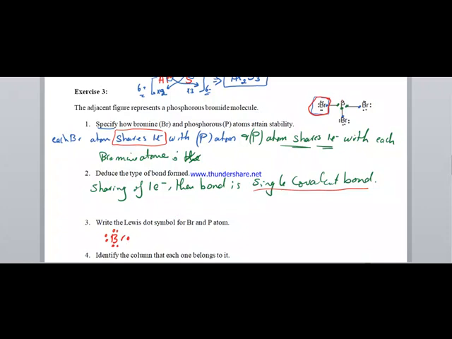Phosphorus has a lone pair of electrons and 3 single bonding electrons. This is the lone pair of phosphorus, and we have 3 single dot electrons that are shared with each bromine. This is the Lewis dot symbol of bromine and phosphorus atom.